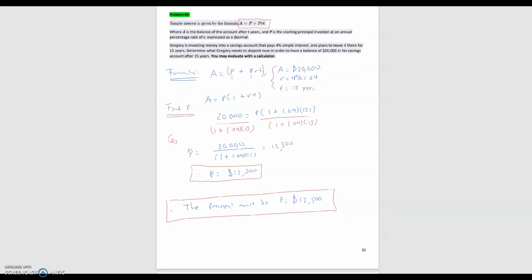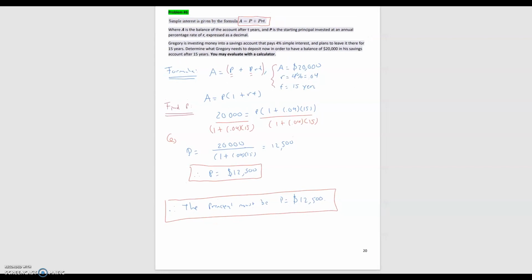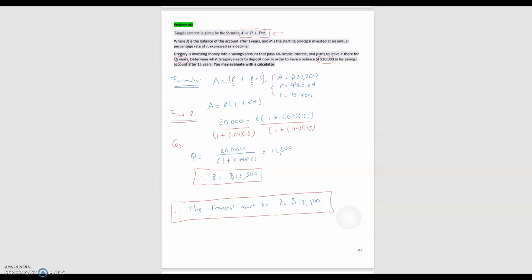The only part that changes is the formula. The basic idea is that they know how much they want to obtain, in this case $20,000, but the account is only receiving simple interest, which is followed by this formula. And then they're trying to see how much will they have to put in so that it grows to $20,000 over a period of 15 years. So there's a little bit of time there, but that is it for this one.